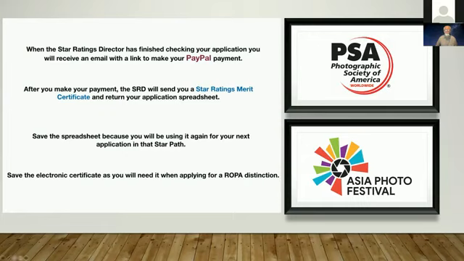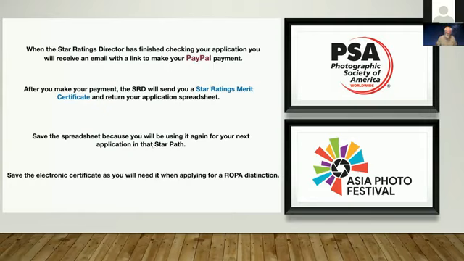Once you have made the payment, the Star Ratings Director will email you a star ratings certificate, which will say that you've got, for example, star 3 in photo travel. They also send back your application spreadsheet. This is very important: when you get it, you must save it, because you'll be using that same spreadsheet to make your next application.